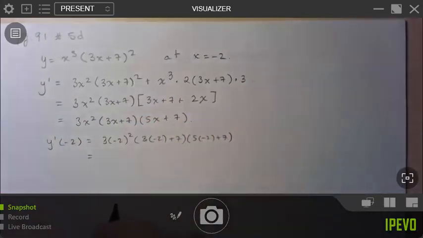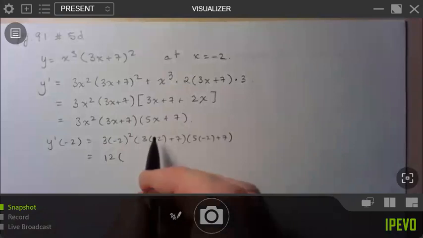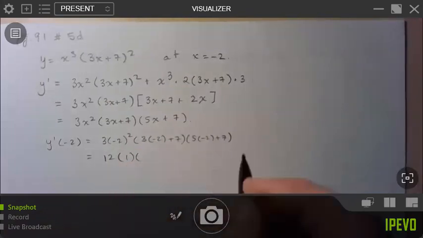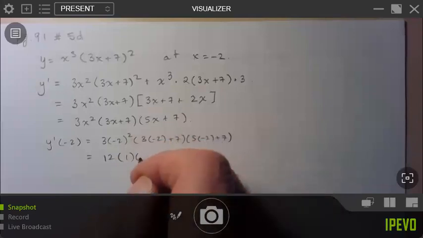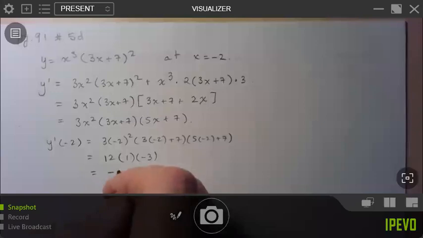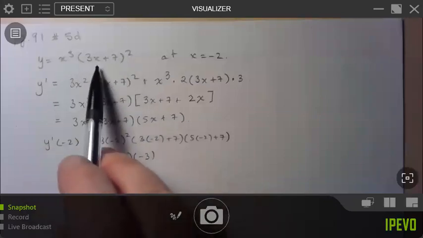If we didn't make any mistakes, we've got 3 times 4, so 12, times, -6 plus 7 is 1. And then here we have -10 plus 7 is -3. So it looks like the answer is -36.